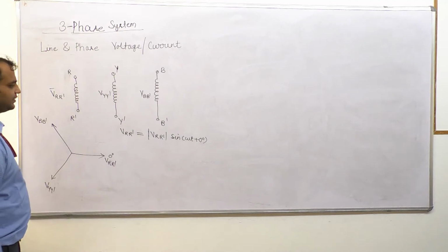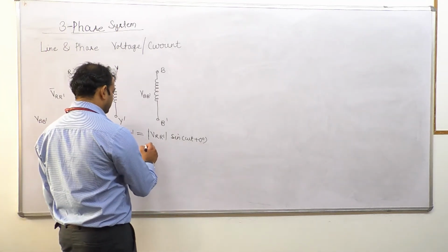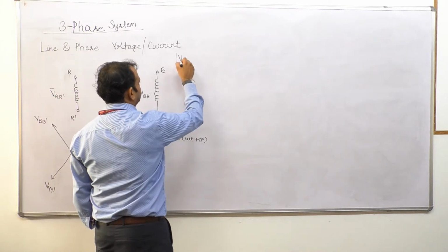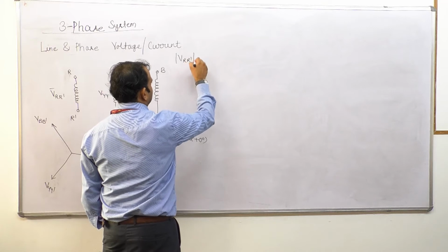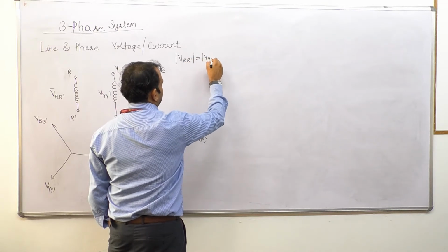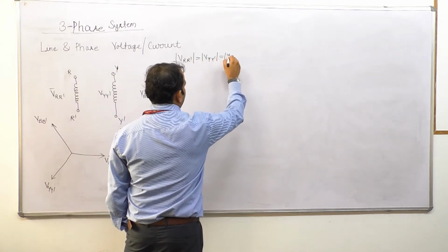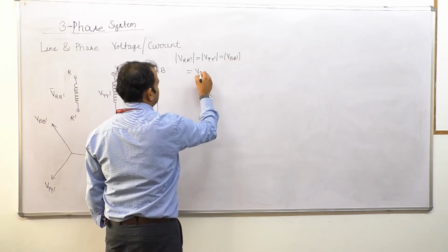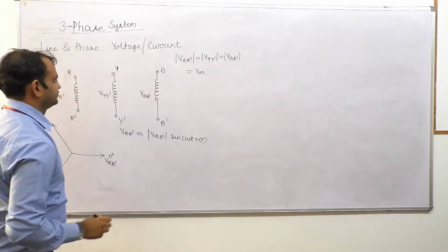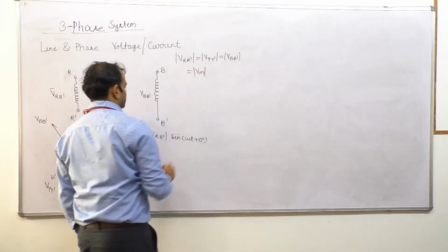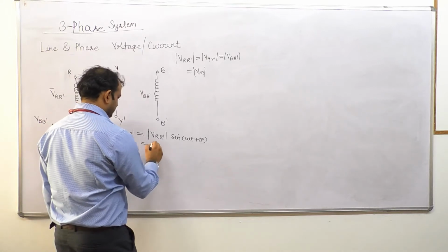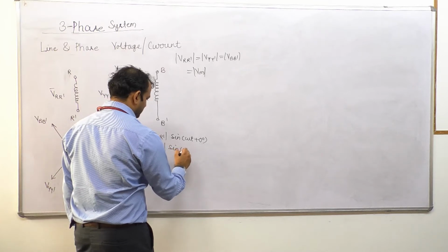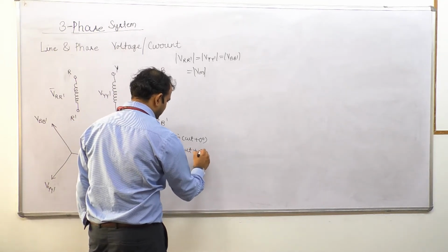Let us say the magnitudes of these three, V R R dash, V Y Y dash, and V B B dash, are equal, which is Vm, mod of V. So we can write Vm sine omega t plus 0 degree.